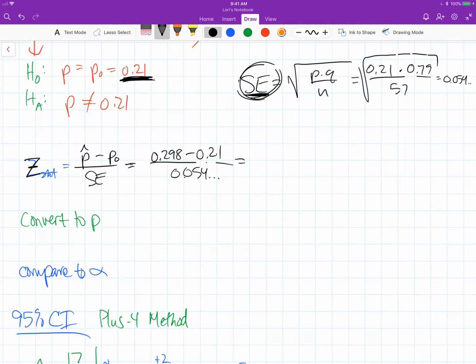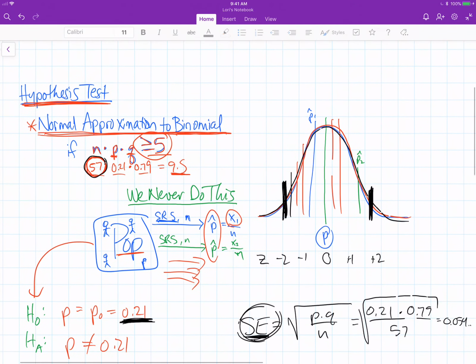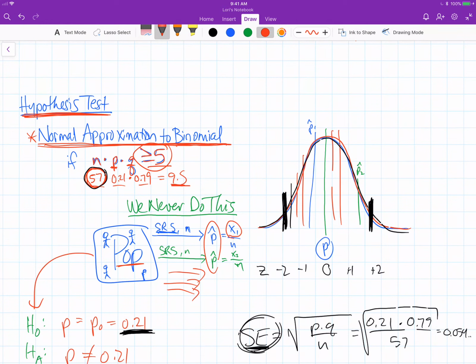It's important sometimes to hang on to those decimals. If at all possible, try not to round too early in the calculation process. If you calculate this out, you end up with 1.63, so a z-value of 1.63. Now, go back to what you know about this normal distribution.